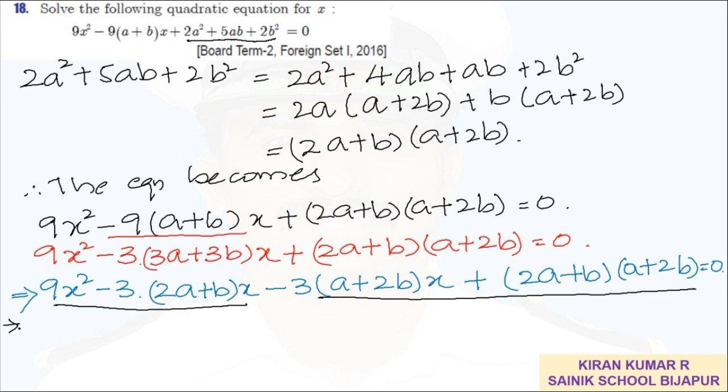Here in the next step I will take 3x as common. I will be getting 3x minus 2a plus b, isn't it?